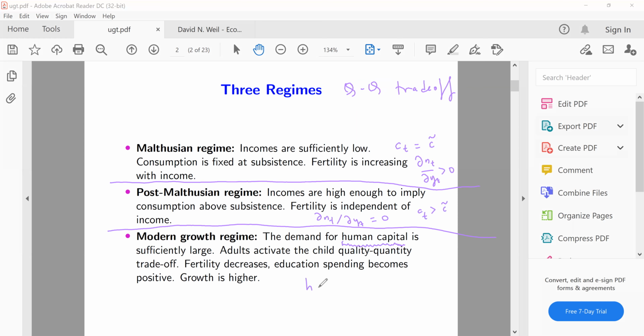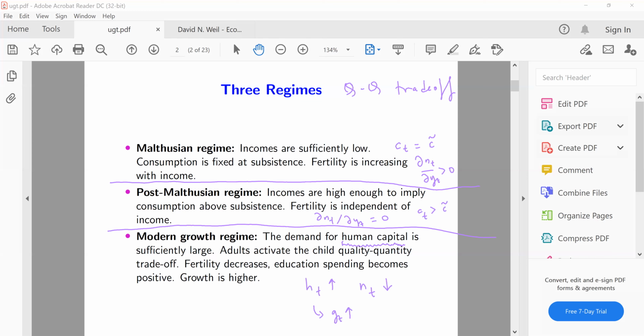So people start investing in the quality of their kids and they start decreasing fertility. Okay, and this is the modern growth regime because when human capital is larger, then the growth rate will also be faster. Okay, growth rate will also be larger.